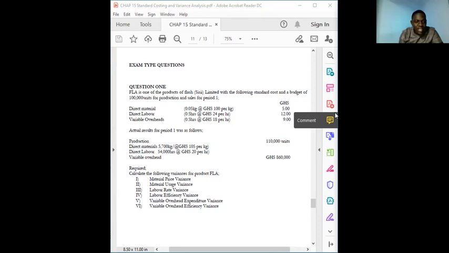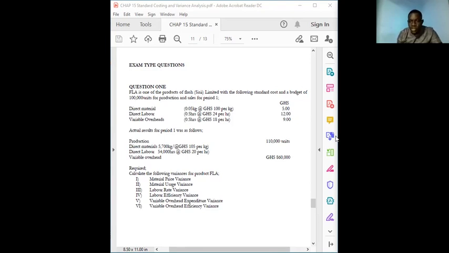We bought 5,700 kg. Therefore, our material price variance will be equal to the actual price, 105, minus standard price, 100, measured at actual quantity, 5,700.